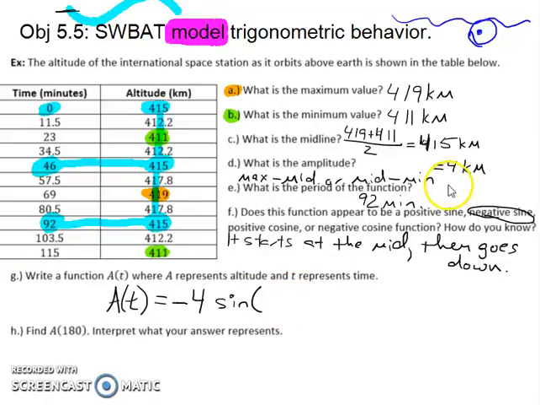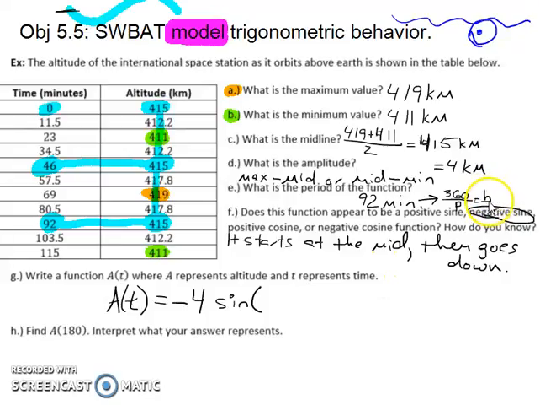Now, just so we remember, 360 divided by b gives us the period, but it's also the opposite. So I'll actually just undo that, just so we know. 360 divided by the period gives us b as well. So these two things are both true. So I'm going to do 360 divided by 92, and that gives me 3.913.